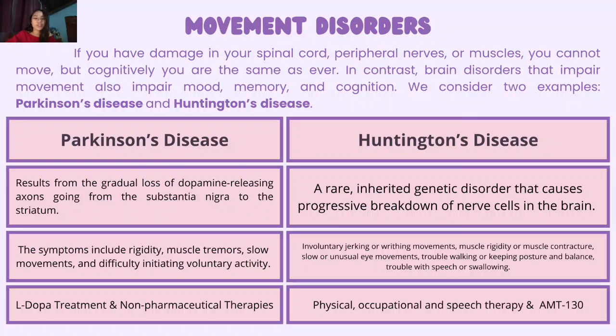But scientifically speaking, there is still no cure for Huntington's disease. So it can be prevented or the effects or symptoms can be minimized. And other treatment is similar to Parkinson disease, which involves physical, occupational, and speech therapy.